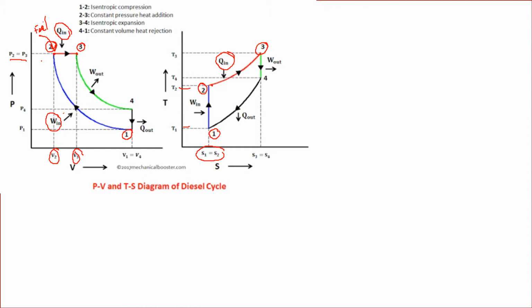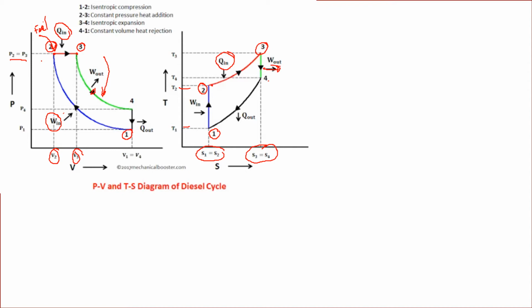So this is the power stroke, 3 to 4. It gives off power. Isentropic expansion. In the TS diagram, you have the work out here, but we have an isentropic expansion from 3.